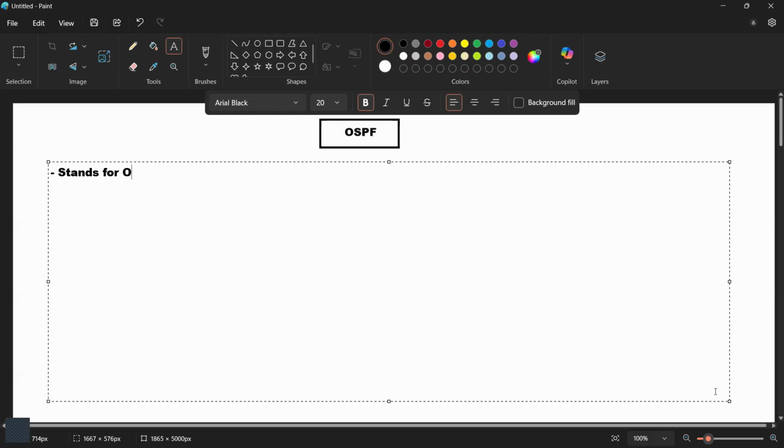Stands for shortest path first. Why the name is open shortest path first? Can you give me a practical example of Dijkstra algorithm?